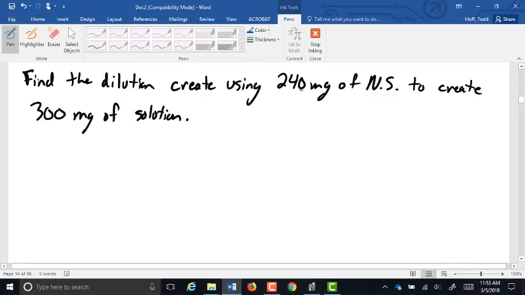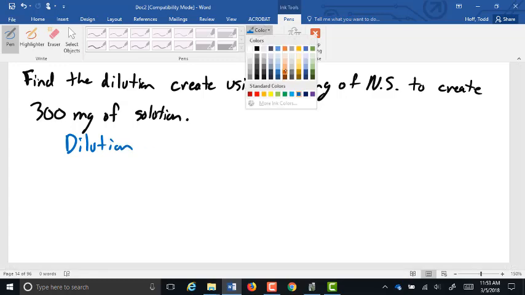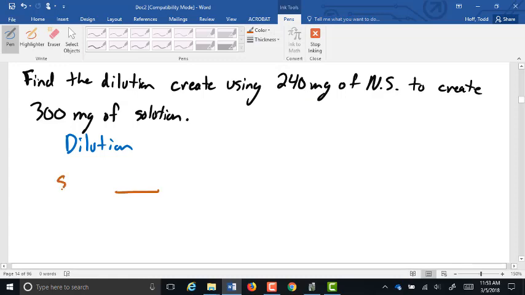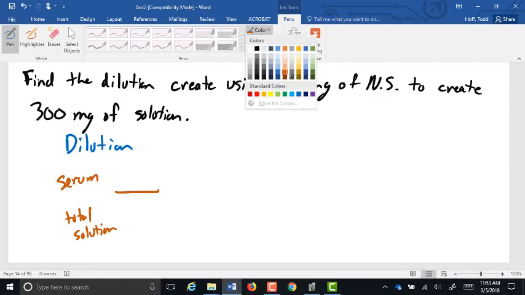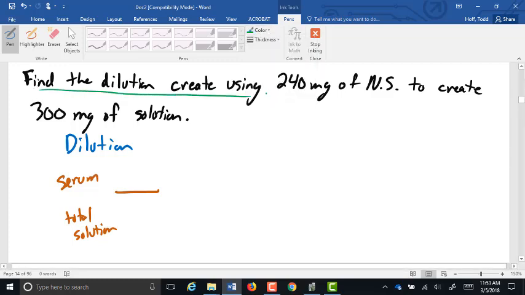So again, if we are looking for a dilution, the dilution has to be serum over total solution. Now here we are looking for the total solution. Find the dilution created.